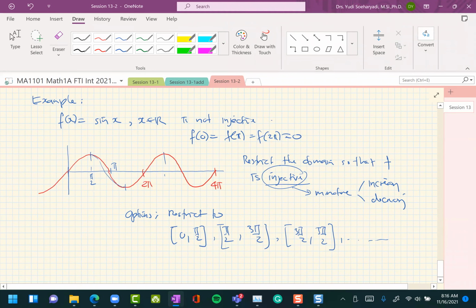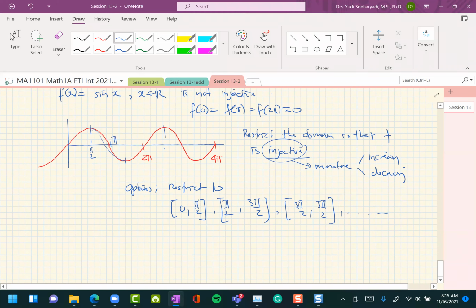Usually the first one is not the option because this one is larger: this is of length pi over 2, this is length pi. So you can still extend this, from pi over 2 to, let's see here. So you have many options. Now it is a matter of choice.